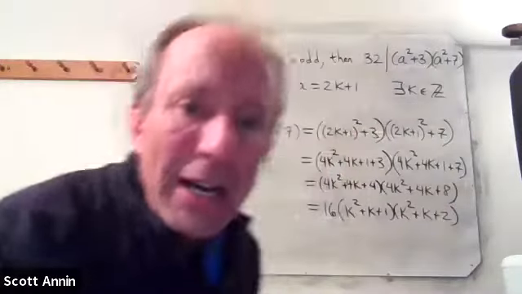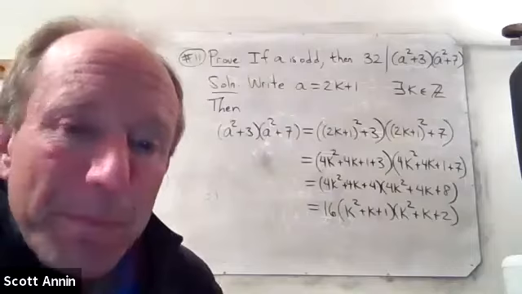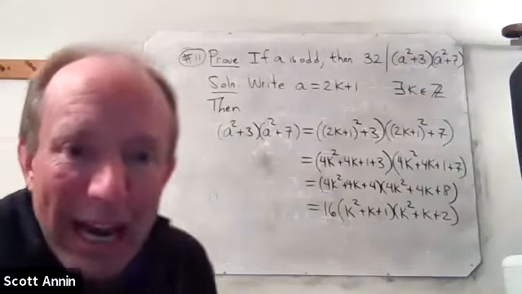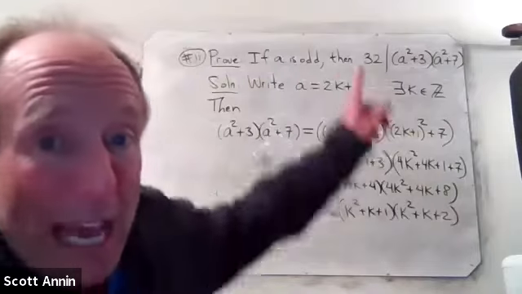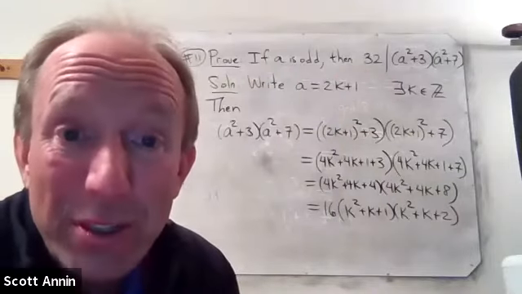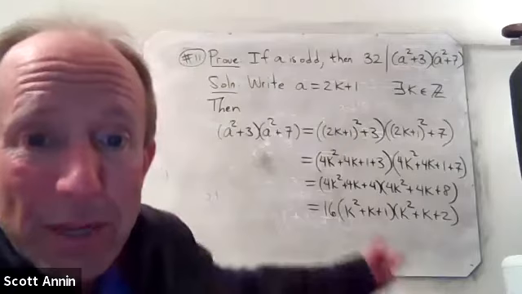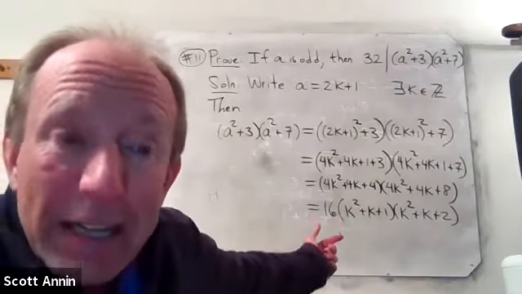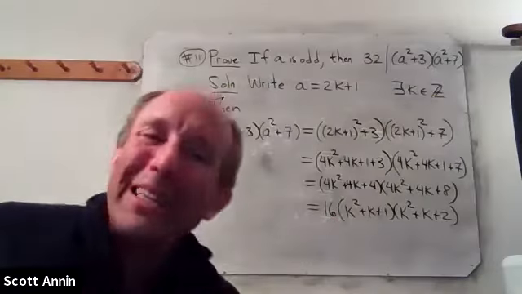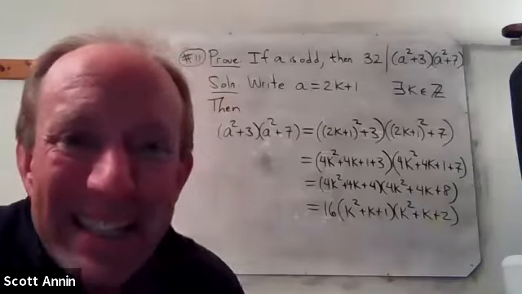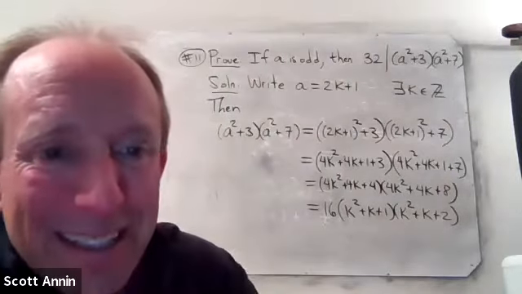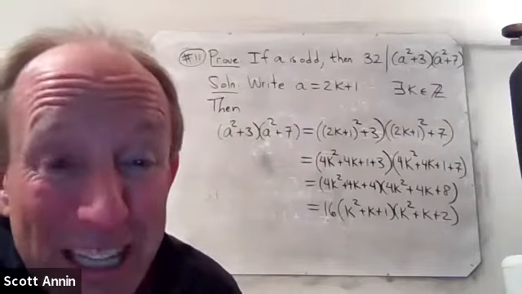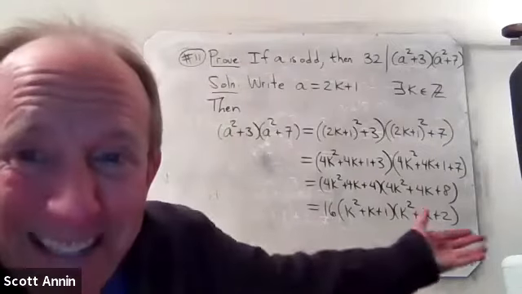Those two numbers right there. So we factor the thing out like that. We're trying to show that what we have is a multiple of 32. And we see a 16 already right here, but that's not quite 32. Does anybody see something as to how I'm going to now get 32 to divide this expression here?